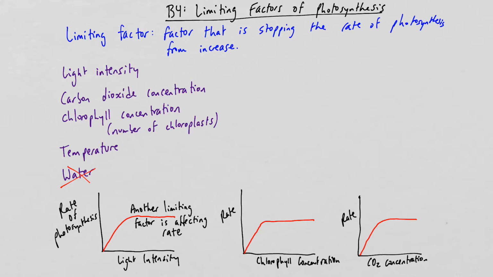So those are our light intensity, carbon dioxide, and chlorophyll concentration graphs looking at their effect on the rate of photosynthesis. The last one is temperature, and the temperature graph is different than the others. We'll draw it out here. We have temperature on the x-axis and rate of photosynthesis on the y-axis.